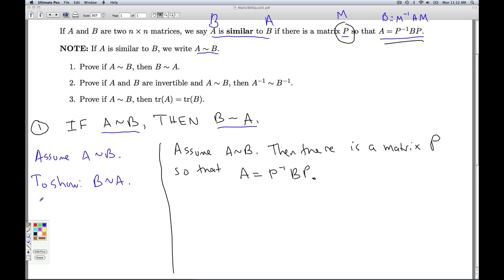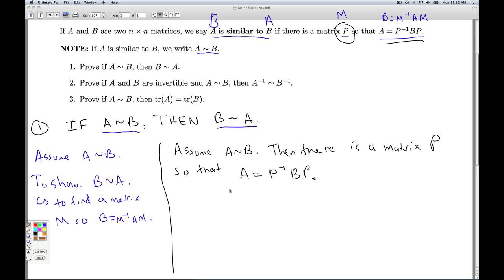So I need to find a matrix M so that B is M inverse AM. How can I do that? Well, I can start messing around with this equation. Essentially, I can solve this equation for the matrix B. How do I do that?